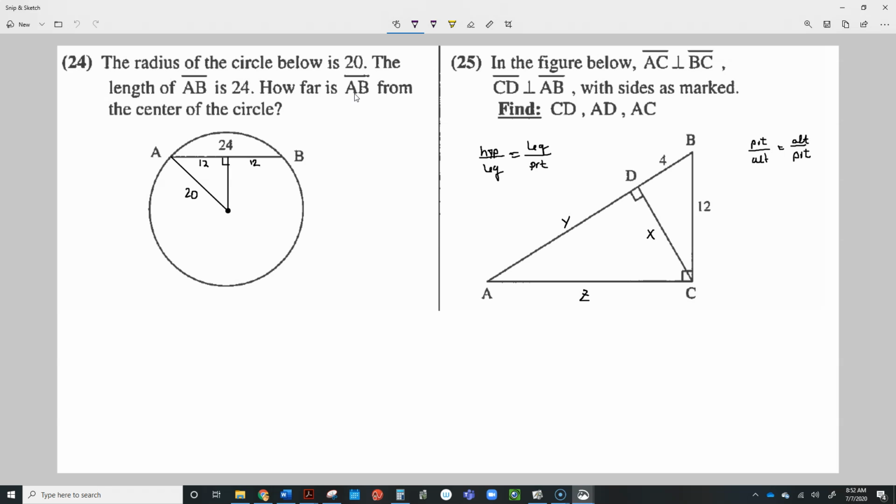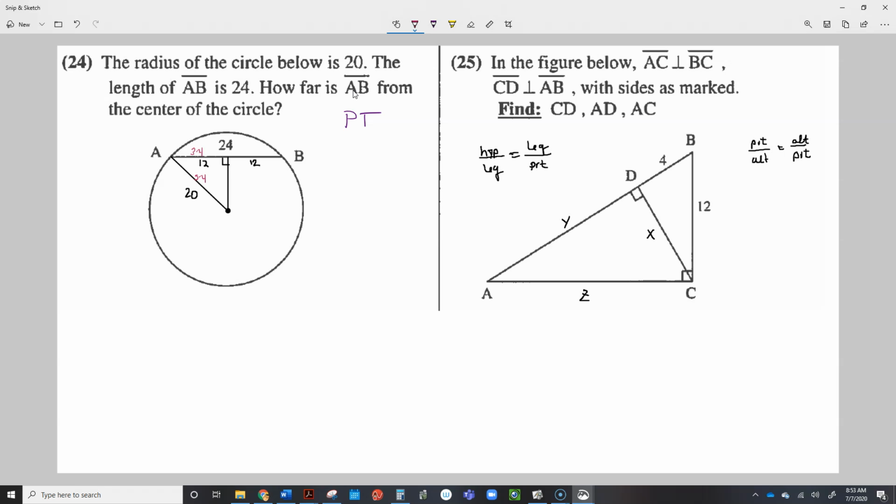And now all I got to do to find this is, this looks like a Pythagorean triple. This 12 right here is 3 times 4, and this is 5 times 4.